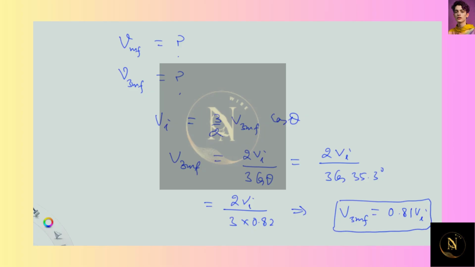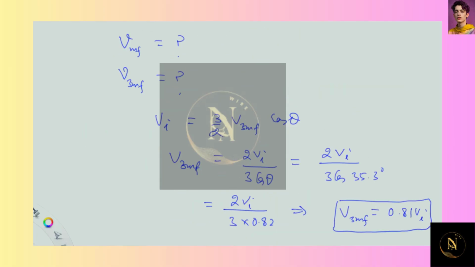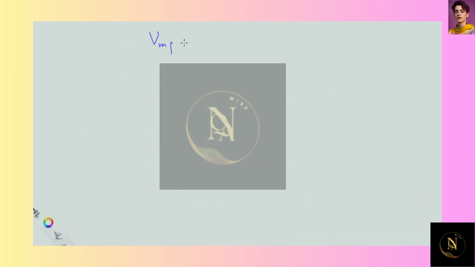And at last, we have to find the value of vmf, for which we use the relation of sine theta and cos theta, or simply use vmf from here. This vmf is given by 3 v3mf into sine theta.